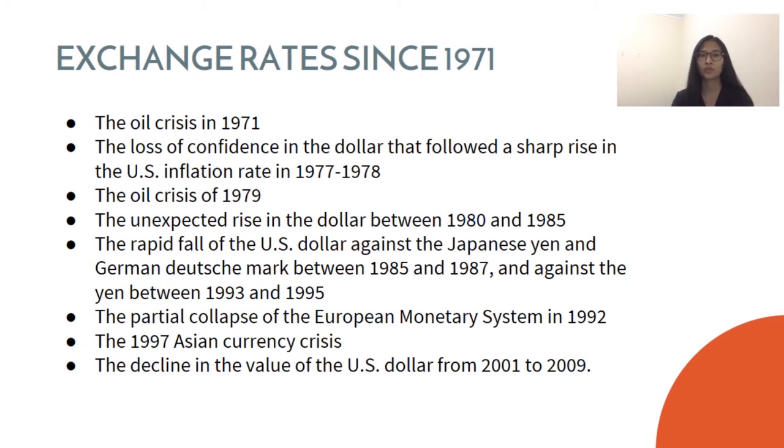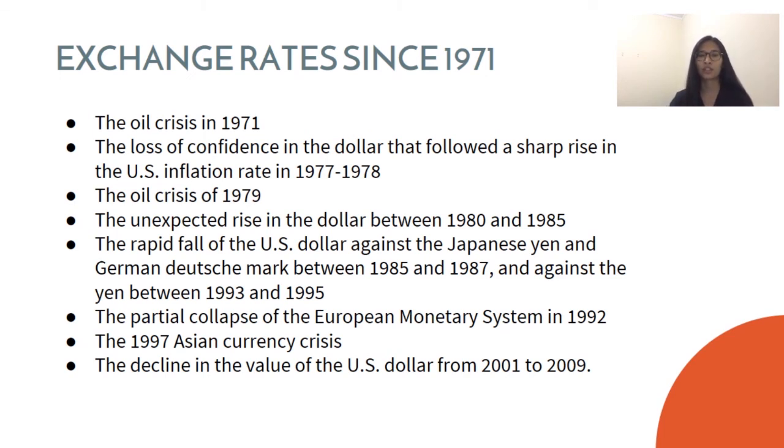One reason for this was the continued growth in the US trade deficit. In recent history, the value of the dollar has been determined by both market forces and government intervention. Under a floating exchange rate regime, market forces have produced a volatile dollar exchange rate.